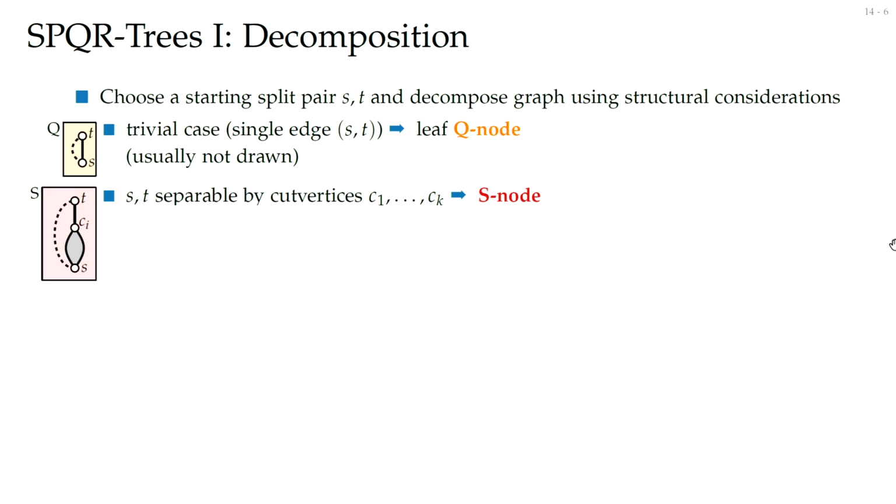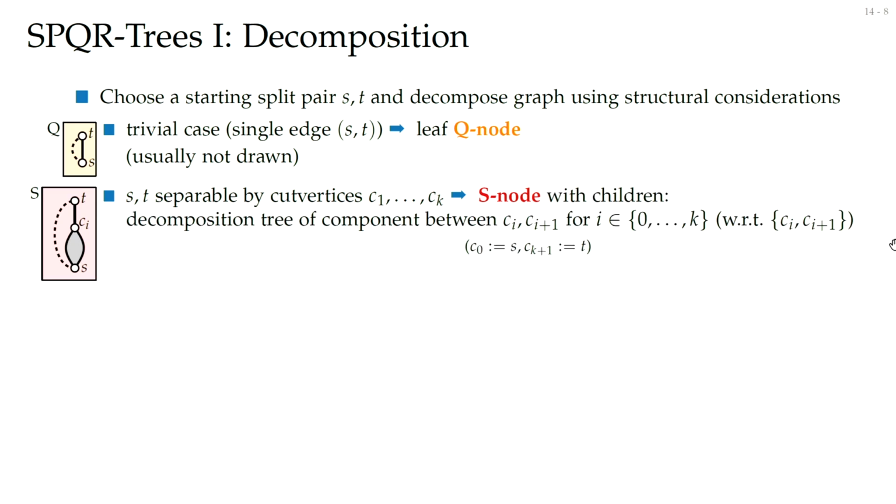If I walk from S to T and I forget about the fake edge, then there are a few cut vertices in between. If we can do that, then we do that and get our child components this way. The child components are the subtrees that we get from these. So we want to decompose the components that we get between the cut vertices further to get the rest of the SPQR tree. That's the first rule.